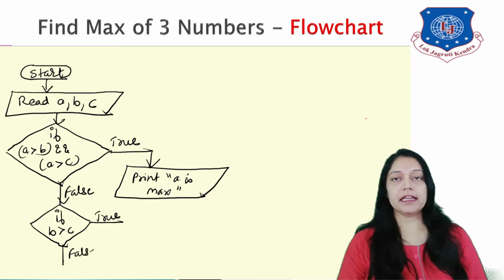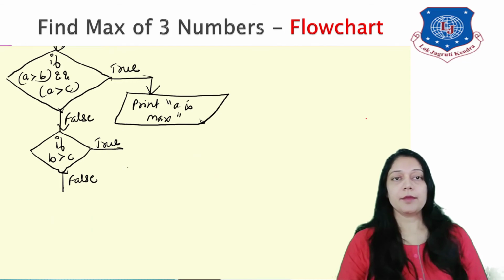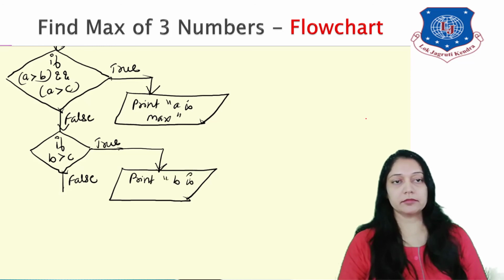If B greater than C is true, then I'll print B is maximum number. If it is false, then I'll print C is maximum number.